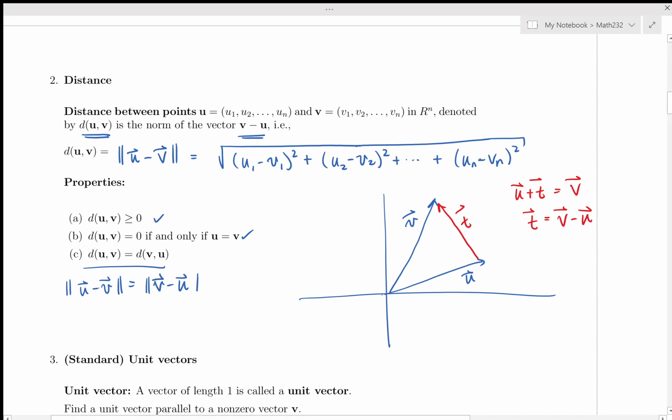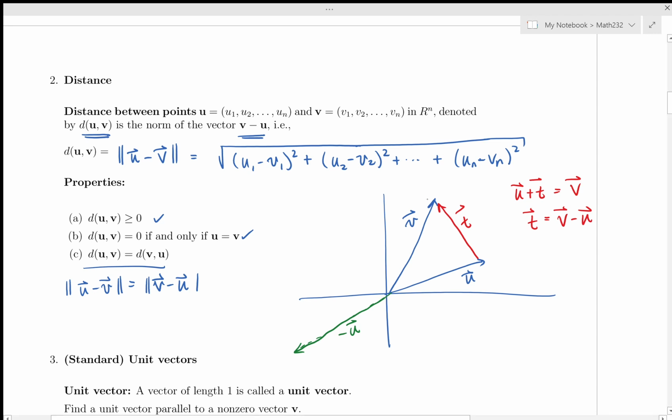Just to keep the geometry straight, we could extend this line here. I'm attempting to draw a line that is a continuation. So this line here is going to be minus u, which is in the opposite direction of u and the same length. And then I could add minus u plus v.